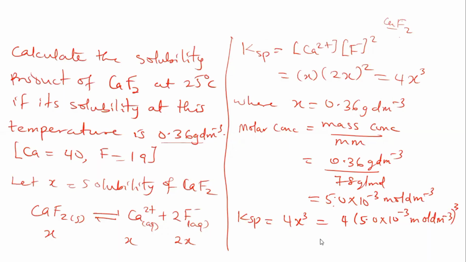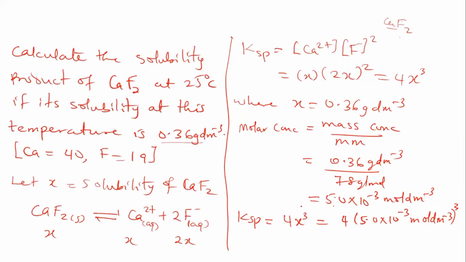That's going to give us 5.0 times 10 raised to the power minus 7. That is mole cubed dm raised to the power of minus 9.